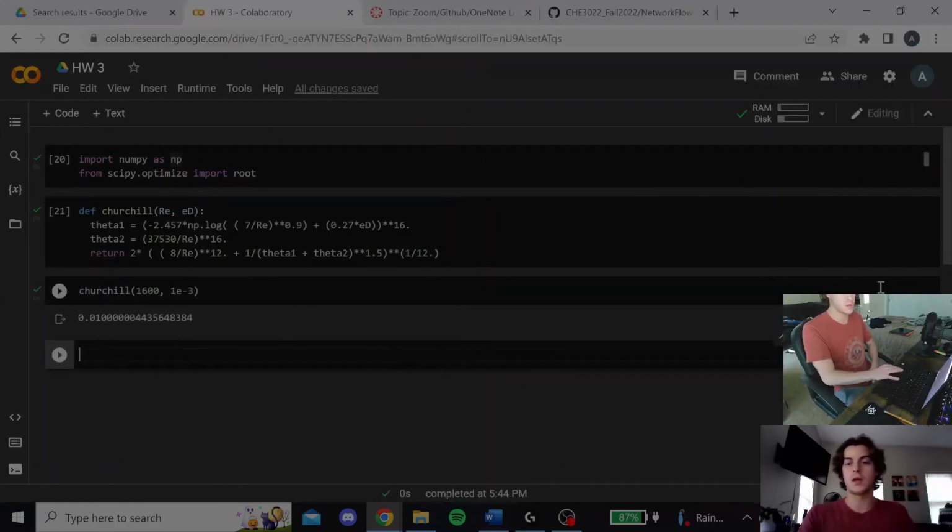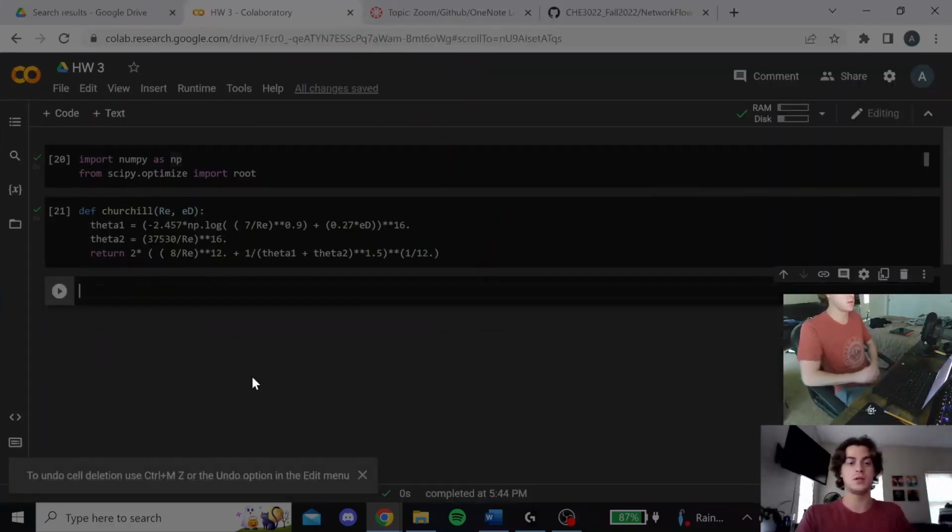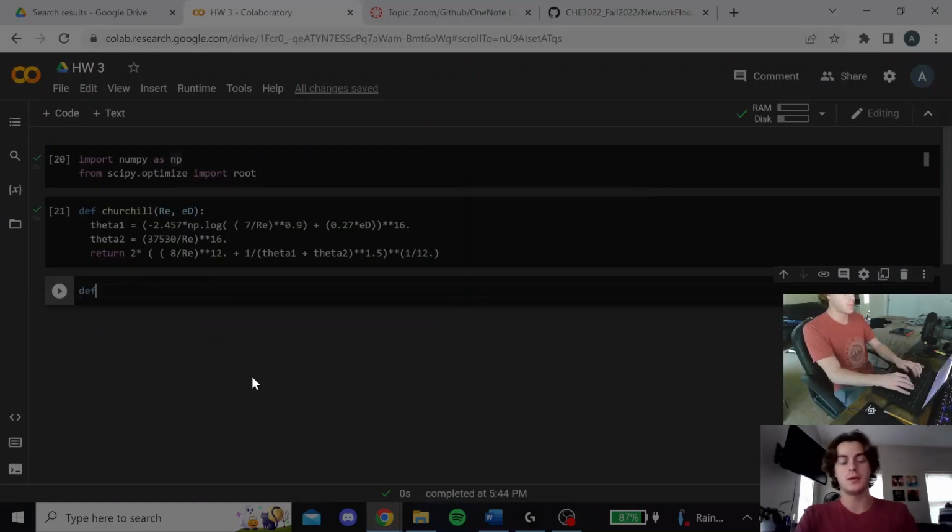So now I can go ahead and write the function to calculate our head drop. I'm just going to define it as head drop, and we need to pass the flow that's given, the length of the pipe, the diameter of the pipe, and the surface roughness.